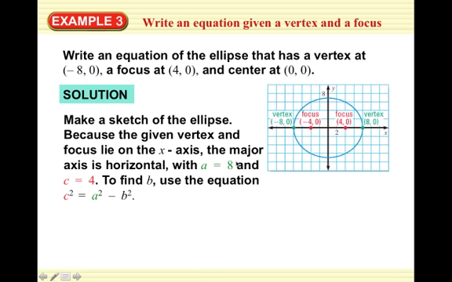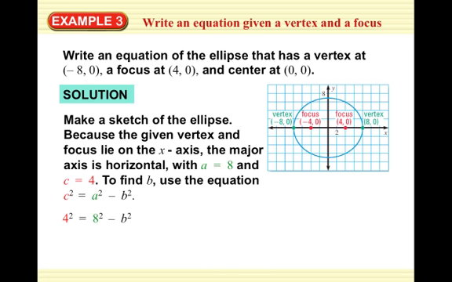So we know A is 8, so we can go ahead and do x squared over 64 plus y squared over, and just leave it blank for now, equals 1. The other piece of information we have is the distance from the center to the focus, which is 4. That is C. We need B. To find B, we're going to use the relationship between C squared, A squared, and B squared: C squared equals A squared minus B squared.